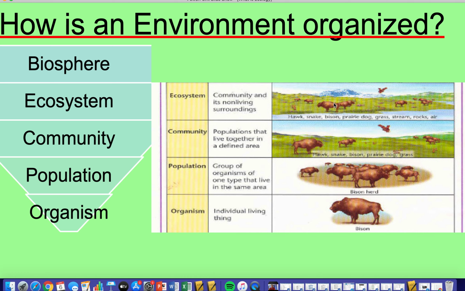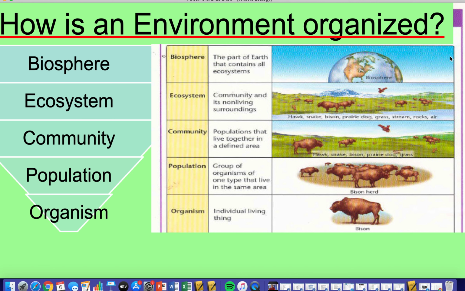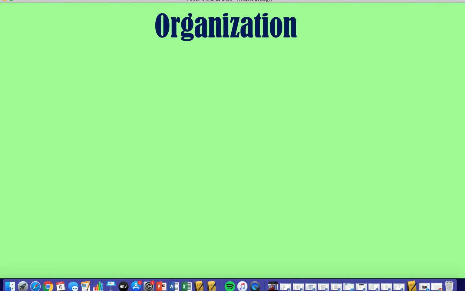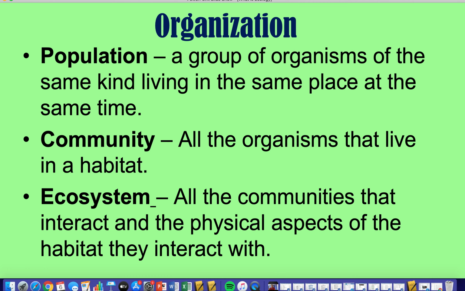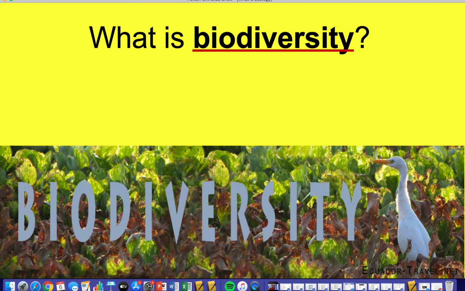So it's the communities, the different animals, plants, etc., and then all the other non-living things that surround them. And lastly, ultimately, we have the biosphere, which is all those ecosystems together. Again, this is just a more in-depth definition of those different words. You can come back to this whenever you need to look at those.